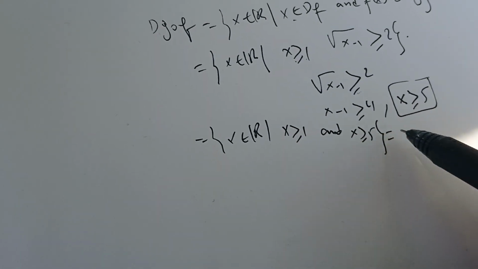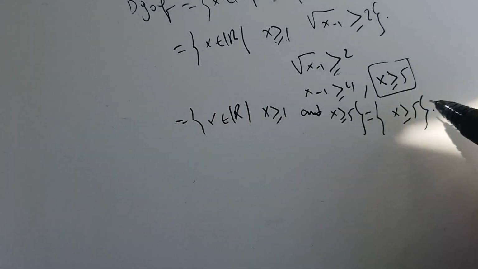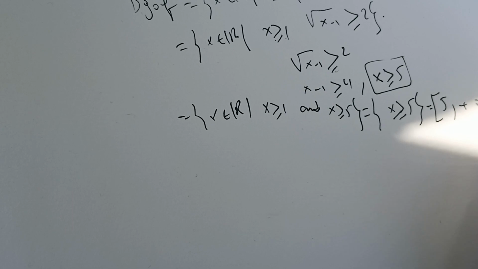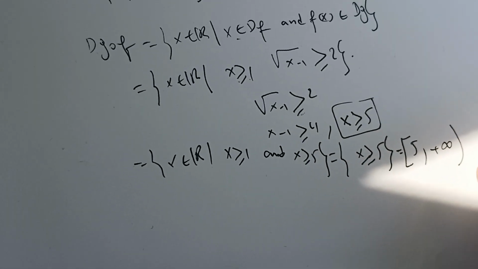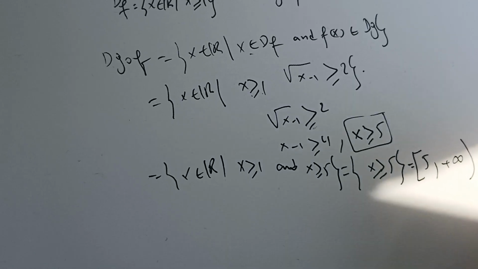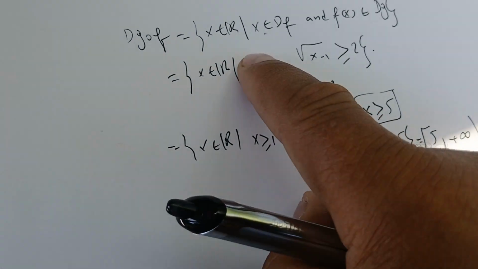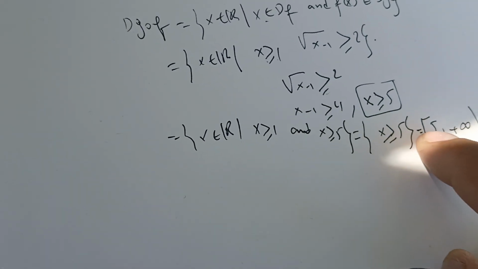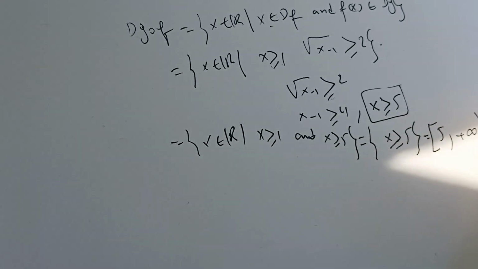This gives us x is bigger than 5. So the domain is the interval 5 to plus infinity. Okay? We intersect these two conditions. x bigger than 1 and x bigger than 5 gives us x bigger than 5, that means 5 to plus infinity.